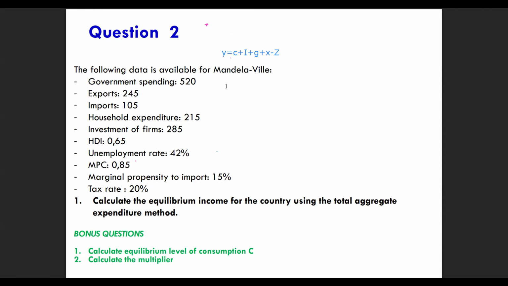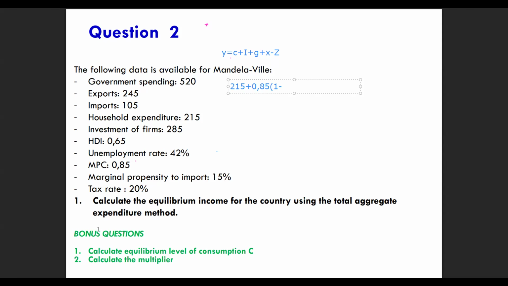Because you're told here household expenditure is 215. It's going to be 215 plus C, which is the marginal propensity to consume. So where's our C here? It's 0.85.